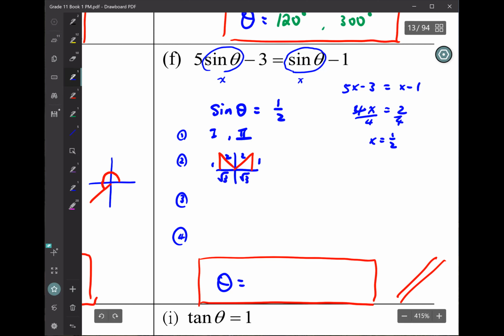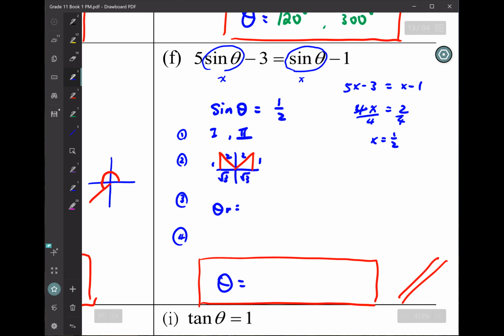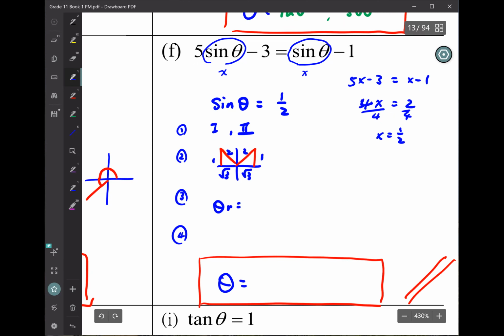Okay. Step 3 is the reference angle. Elaine, what's the reference angle for this one? 60. How do you know? Because it's a 1, 2, root 3 triangle, and the part where the 2 and the root 3 meet is the part where it's angled.